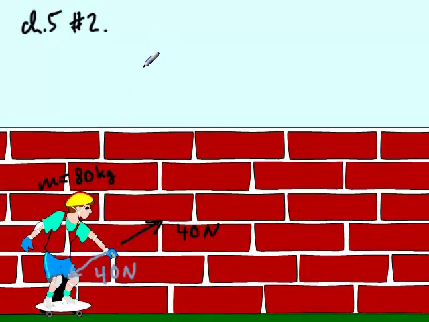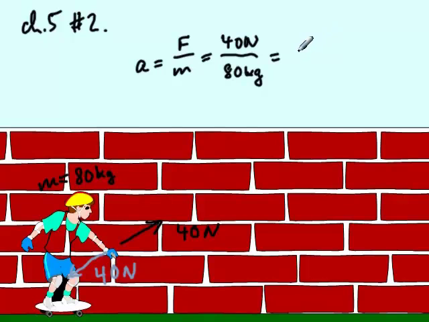In any case, you would use Newton's second law, force equals mass times acceleration, or acceleration equals force over mass. 40 newtons divided by 80 kilograms equals 0.5 meters per second squared.